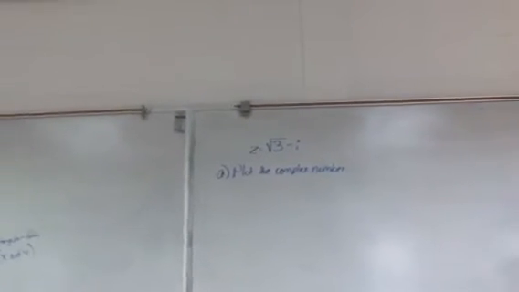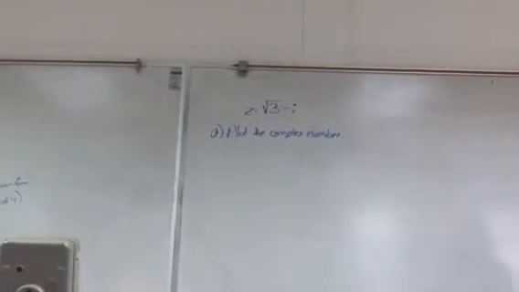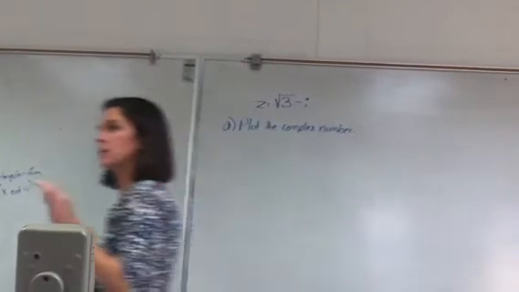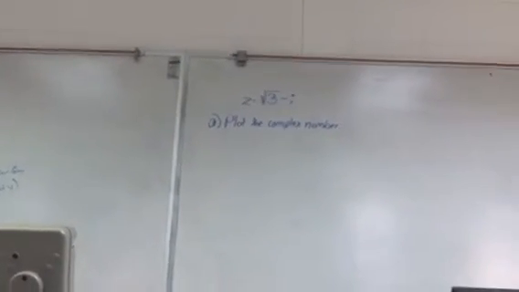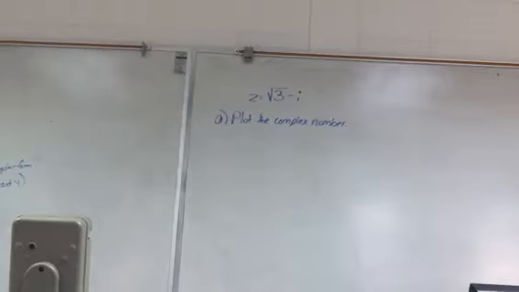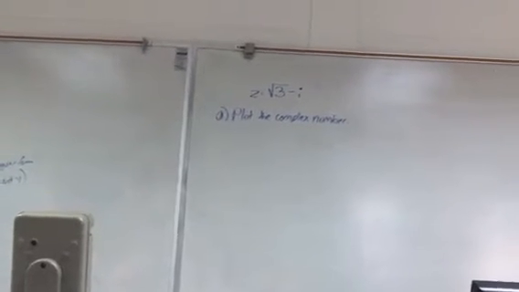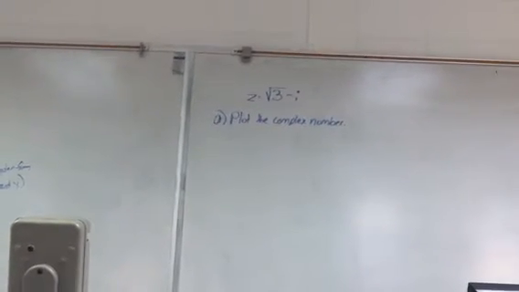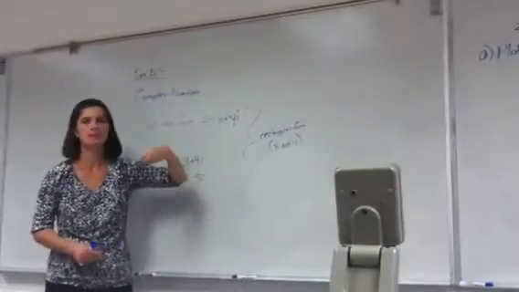Now, what you need to do first is look at that complex number and identify what is the X value and what is the Y value. The X value is the number that sits by itself. The Y value is the number that sits in front of the I.